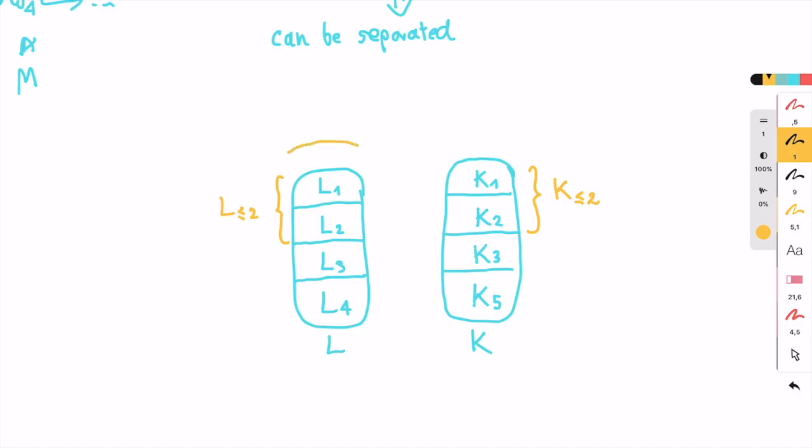It has to contain L1 and L2. Doesn't matter what it does with L3 and L4. Doesn't matter what it does with K2 and K3.